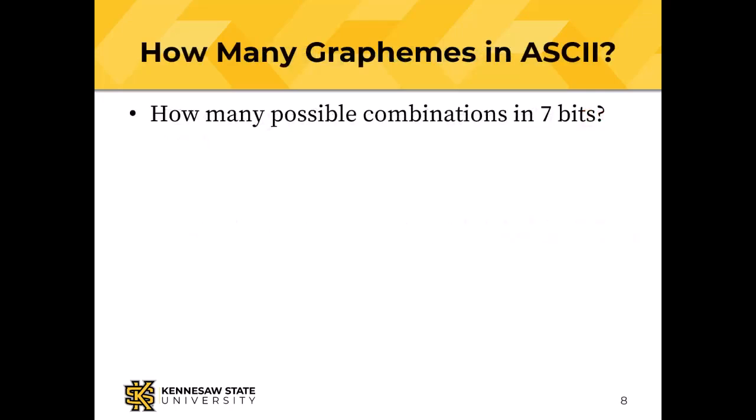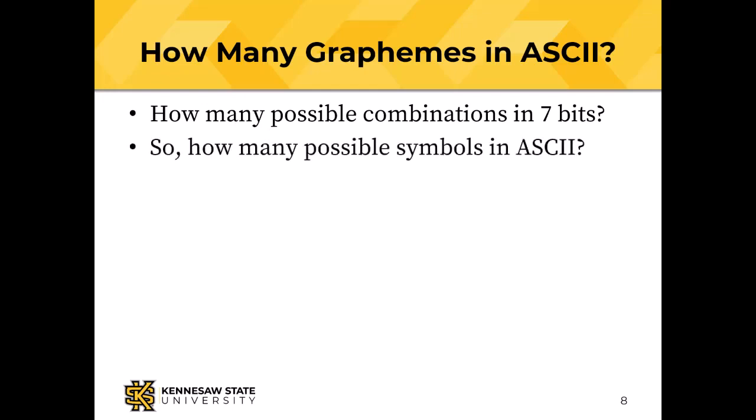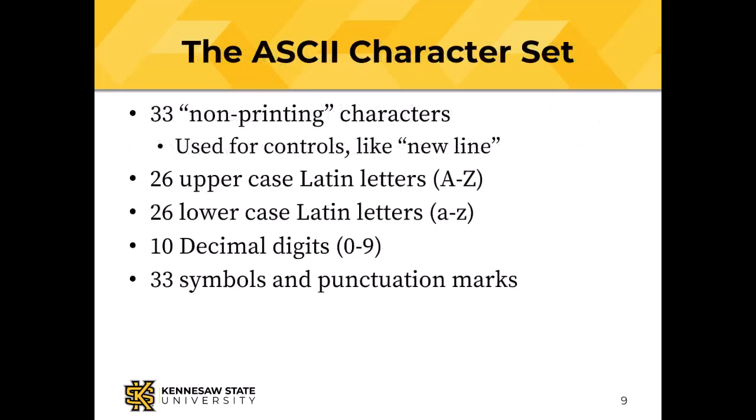If we think about ASCII, how many possible combinations are there of 7 bits? And the answer, of course, is 2 to the 7th power, which is 128. And that means that ASCII has 128 possible symbols. The ASCII character set includes 33 non-printing characters.